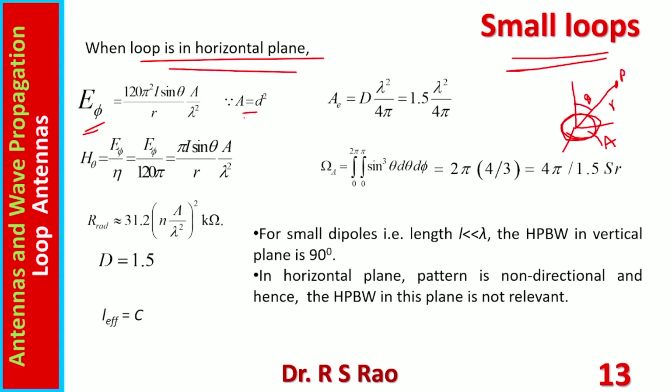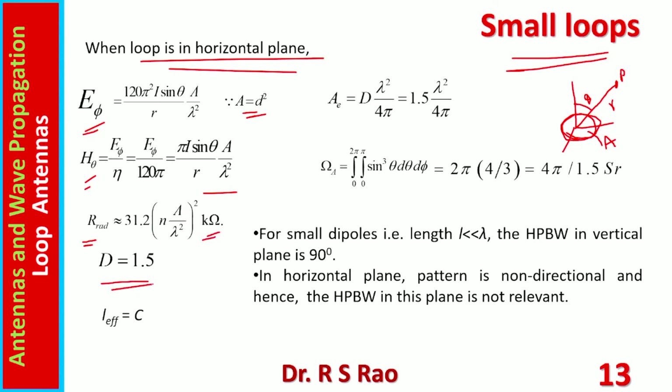Here A is equal to D squared. H theta, which is equal to E phi by eta, becomes E phi over 120 pi. It gives pi I sin theta over r times A over lambda squared. Radiation resistance can be determined. It becomes equal to 31.2 into N A by lambda squared, whole squared, kilo ohms.